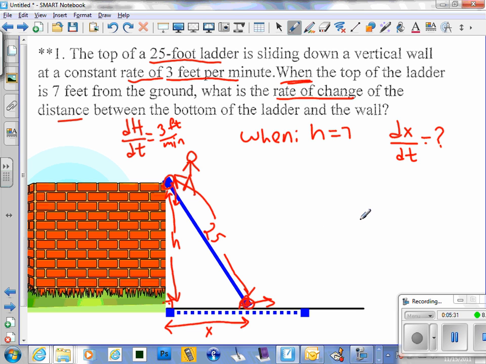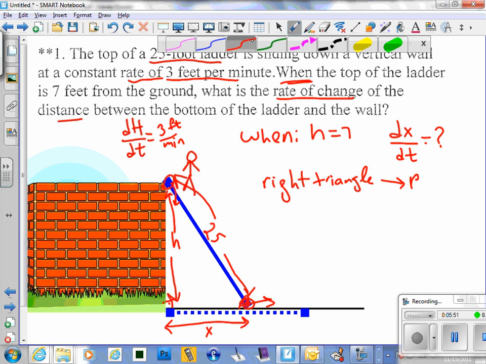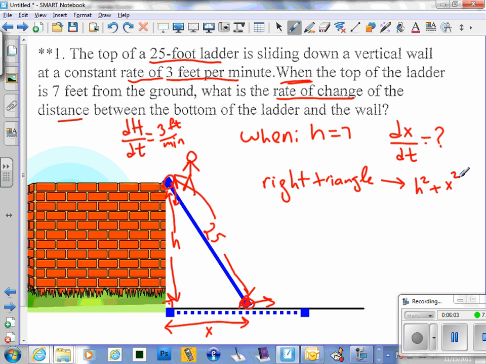Okay, let's try to understand this information. We have a right triangle. So, if you have a right triangle, what you need to remember is the Pythagorean theorem. Let's directly write down that theorem here. The Pythagorean theorem says on this triangle, h squared plus x squared is going to be equal to 25 squared.